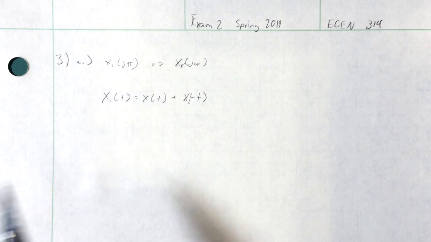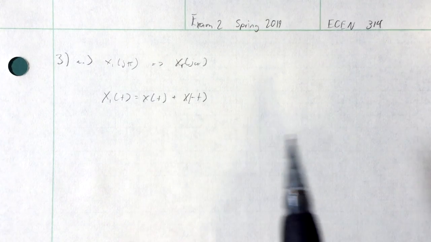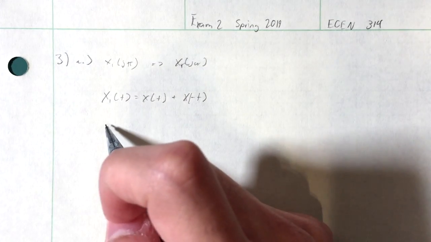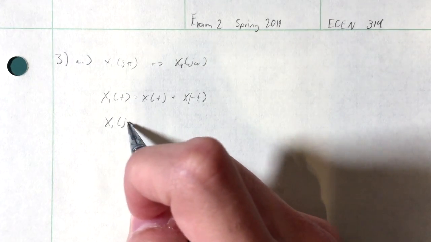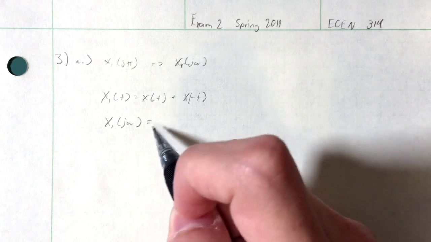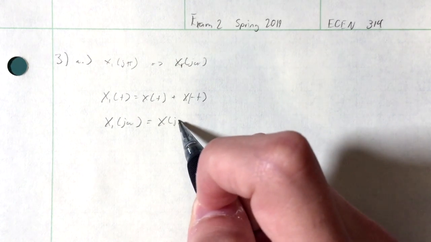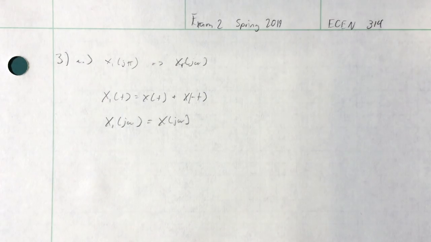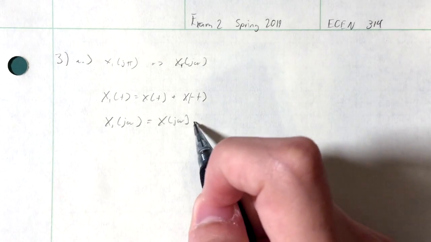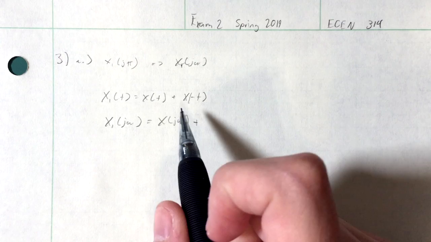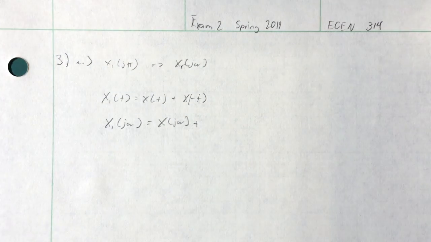So we already know the Fourier transform of x(t). When we take the Fourier transform, X1(jω) is equal to X(jω), and the Fourier transform is linear, so plus the transform of x(-t).